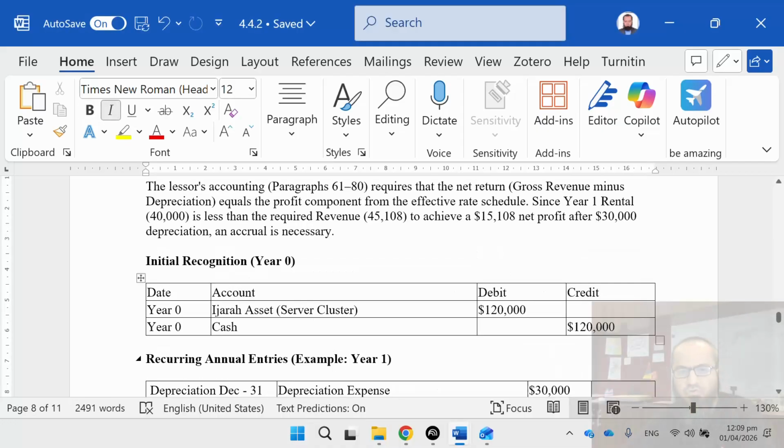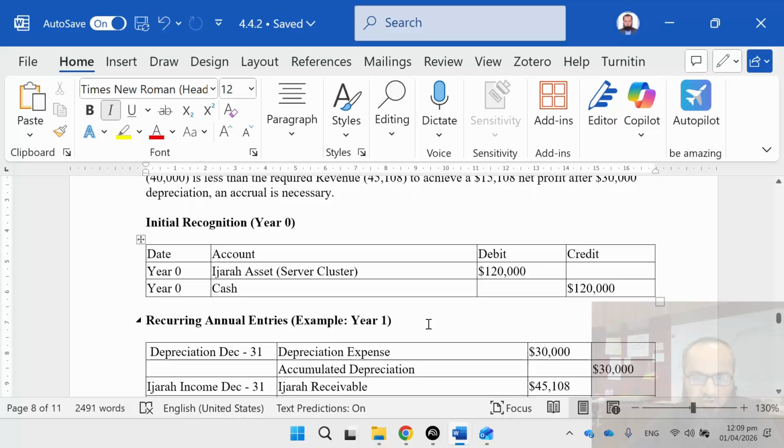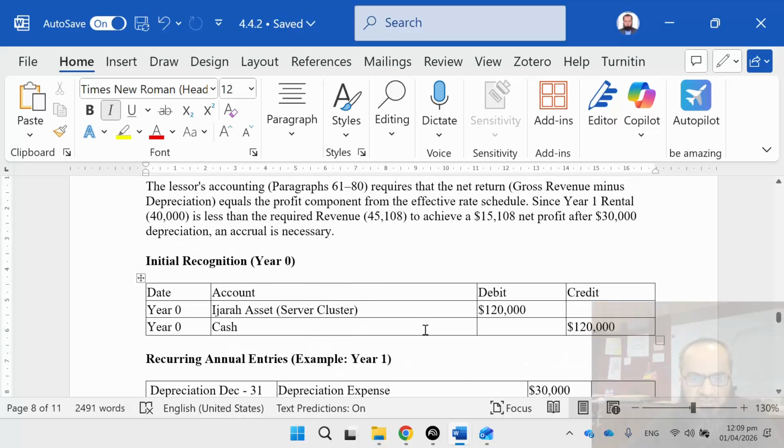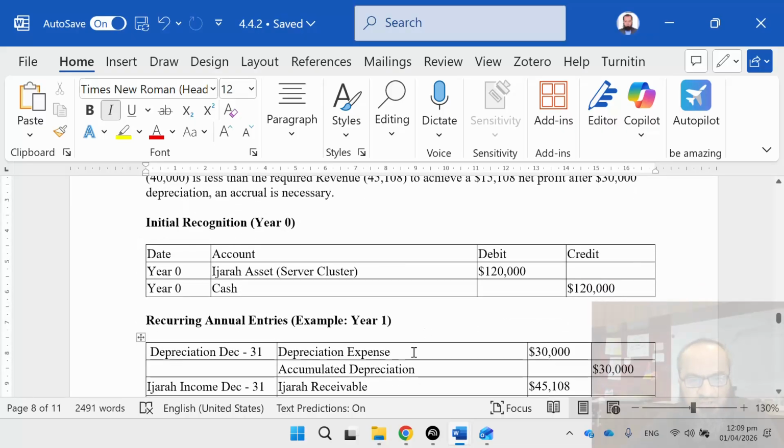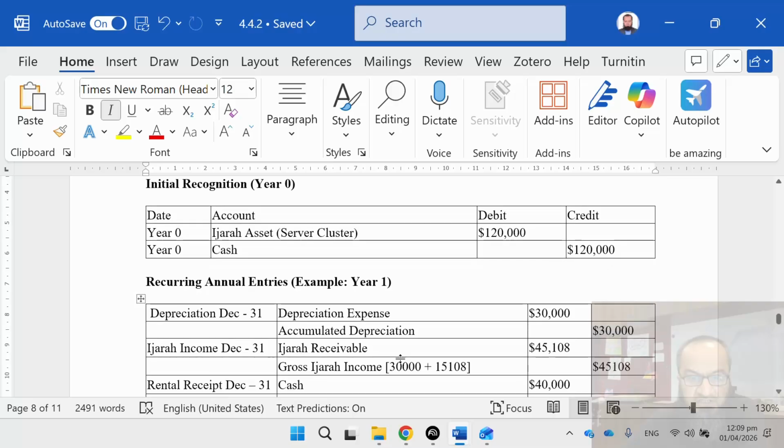Okay, so towards the end of the first year now, the first important thing to note is that we record the depreciation. So depreciation has to be recorded on the straight line method. So we record it as we did record under the straight line income recording as well. So it's the same. Then the Ijarah receivable.